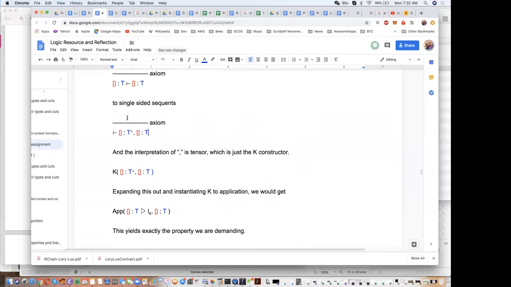And the comma on the right-hand side is interpreted as making a K. So the interpretation of this is K of two holes. One is the undoing part of this, and this is the doing part. So K of these two should just go to our property, which is this isolation property.